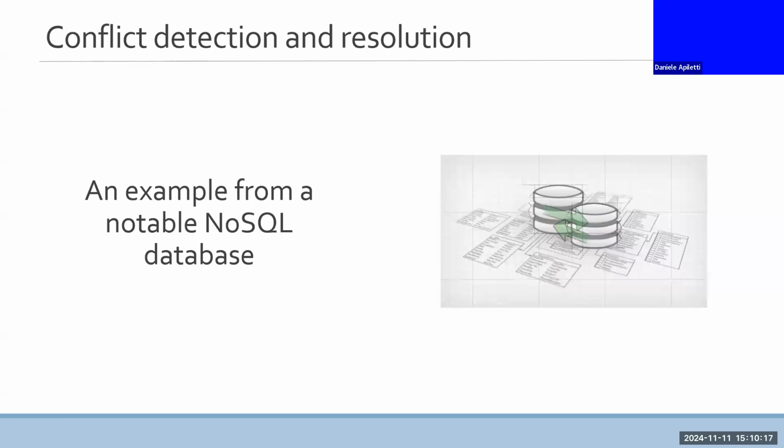This is a very brief example of how CouchDB, which is a pure NoSQL, handles conflict detection and resolution. The idea is the following: I have two customers, like X and Y in a previous example.